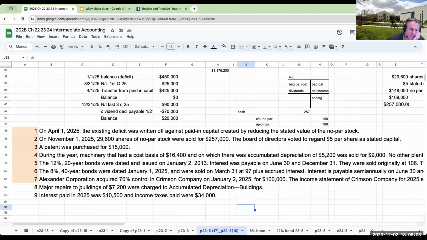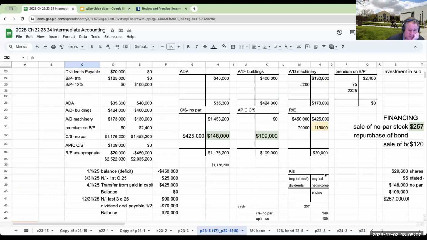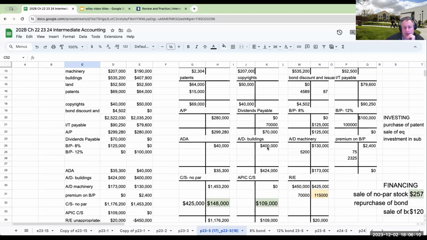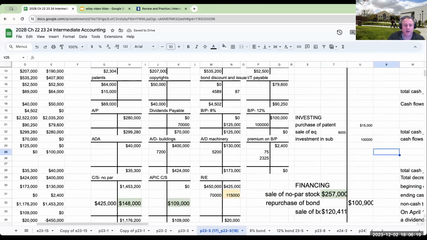So it says that major repairs to buildings of 7,200 were charged to accumulated depreciation on buildings. I'm assuming this means that we debited accumulated depreciation on buildings and credited cash.